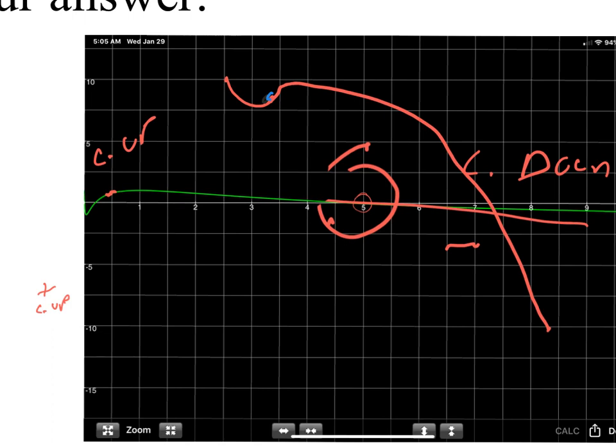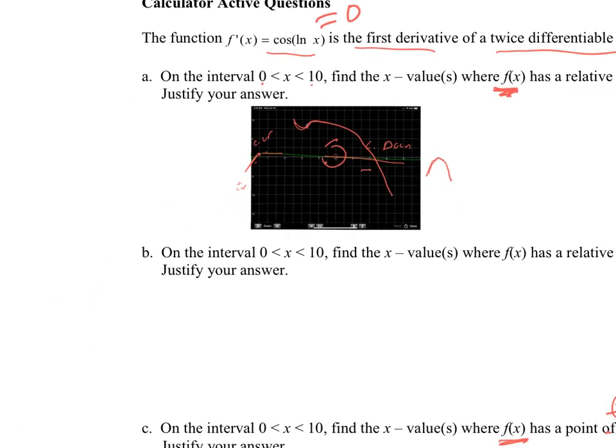Go to your calculator, graph it, ask to find the maximum. And go to the left and go to the right and find it. Because it was concave up to concave down, so it looked like that. It has to be it. It's your job. Find it. You can do it.